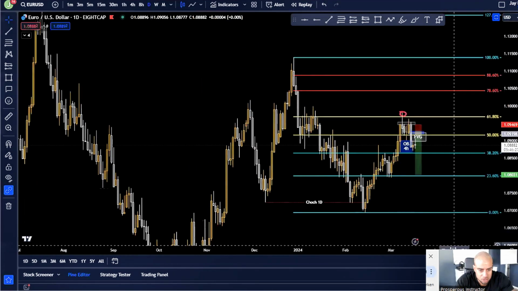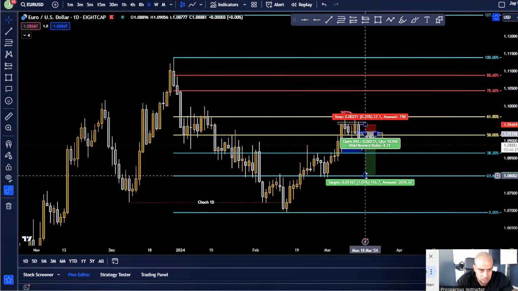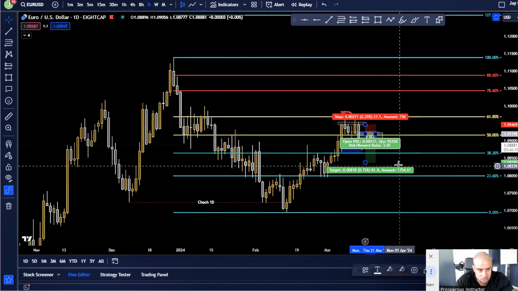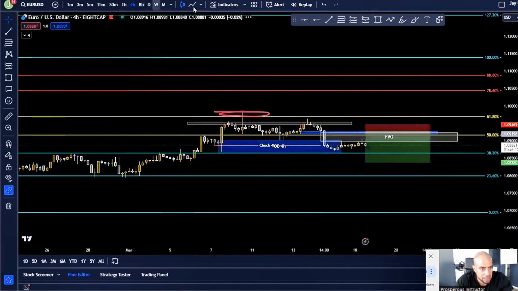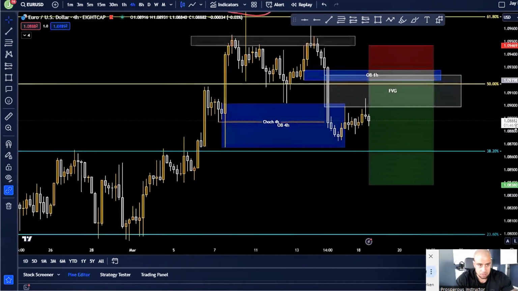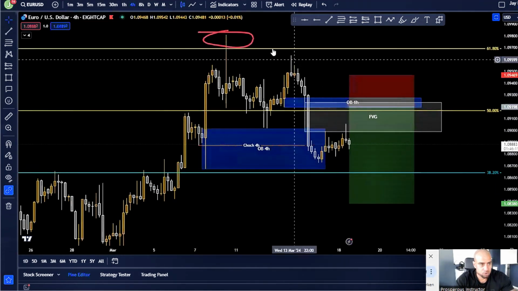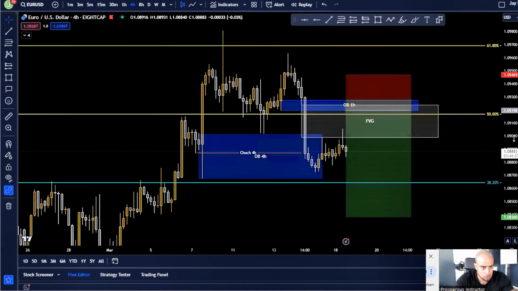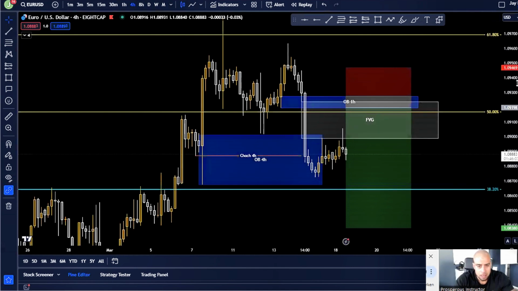When we find the entry, we will be looking more at this, and we take it from there. Maybe we'll just trail stop loss or something like that, all right? But for now, we just leave it like this. We're waiting for the entry to happen, and when the entry happens, we take it. So that is that trade. That is Euro USD. I will post this chart also as a trade idea.